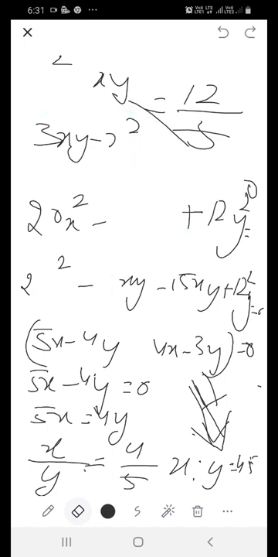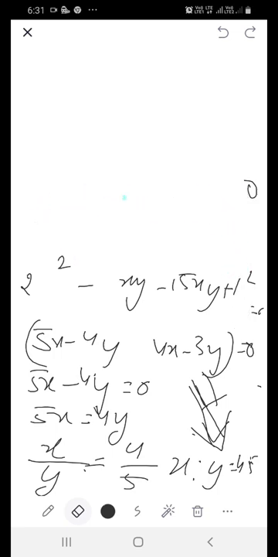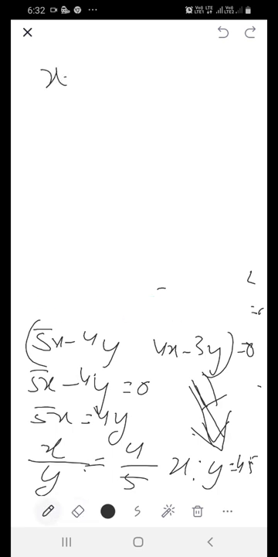Now when x is to y is 4 is to 5, you have to find in the question x plus 2y is to 2x plus y.